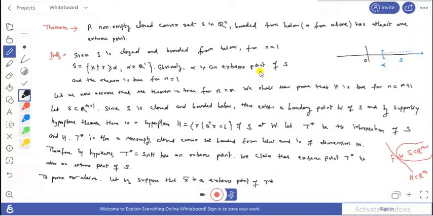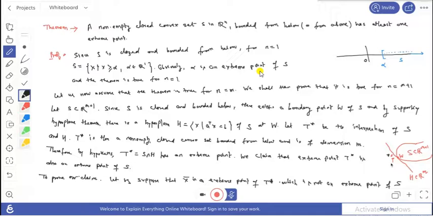Okay, so to prove our claim, let us suppose that this X bar is an extreme point of our T star, and which is not an extreme point of the set S. Here we take X bar to be the extreme point of this set T star.